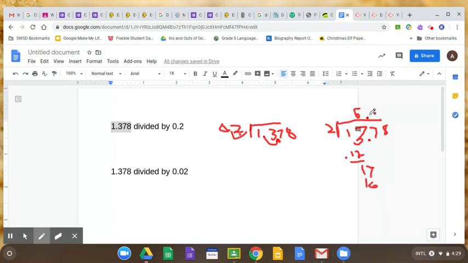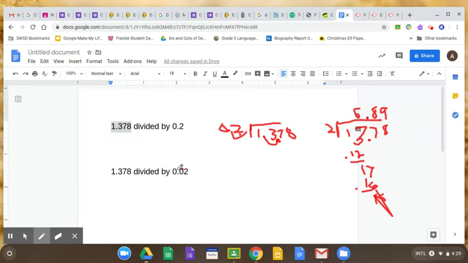So your 8 needs to go above the 7. So it goes on the other side of the decimal because your decimal point's right here. And then 2 goes in, that's an 18. 2 goes into 18 9 times. So that's my answer, 6 and 89 hundredths.